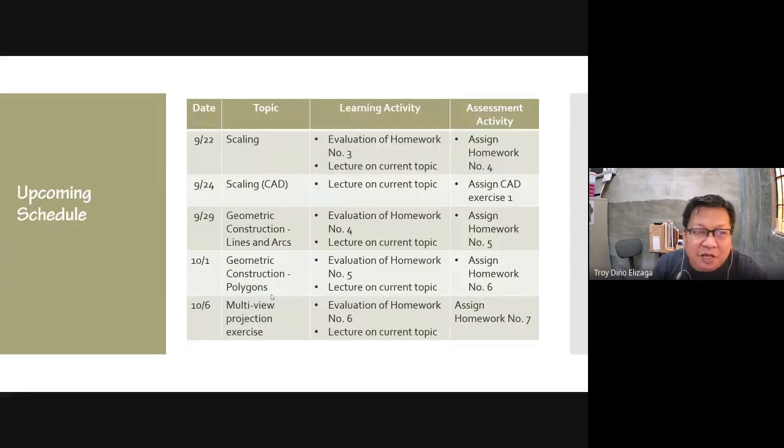So this is the schedule that I mentioned to you. Next meeting, scaling using CAD. But I don't know whether we can do that. If we cannot do that, we might go ahead with the topic for next week, geometric construction lines.